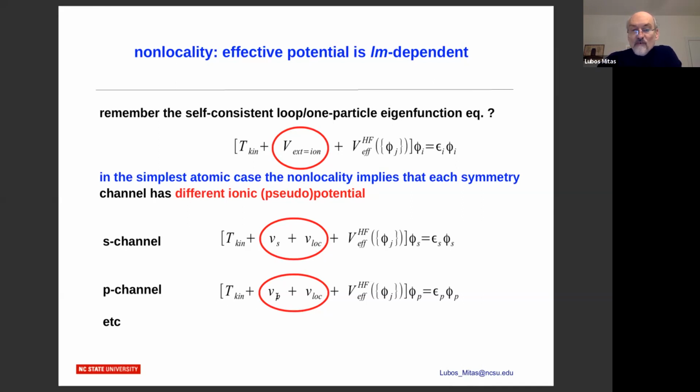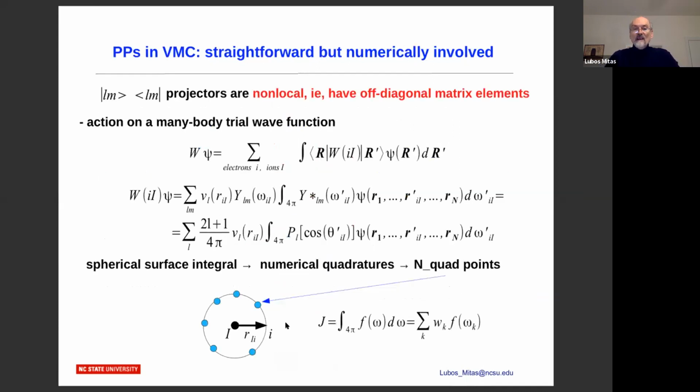For the P channel, there would be V_P plus V local, and so on and so forth. So you see that the effective potential depends on the channel. Therefore, we say this is non-local. Obviously, the non-locality will show itself in that the matrix element of this non-local potential will have off-diagonal matrix elements.